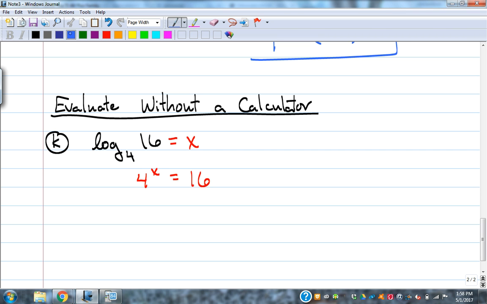And then I think, okay, 16 is actually 4 what? 4 squared. If 4 to the x equals 4 squared, then what does x have to be? 2. So that means the log base 4 of 16 has to be equal to 2. 2 is the final answer.